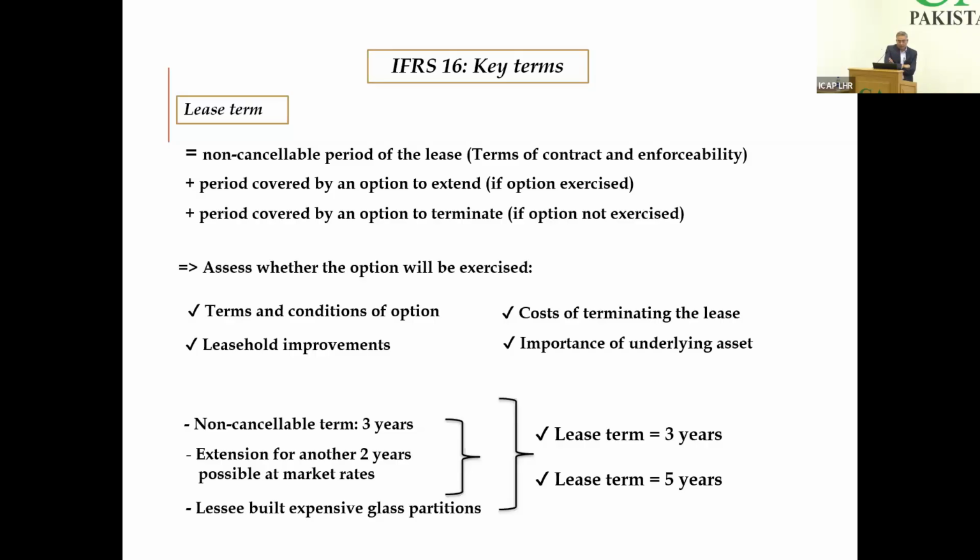And then some comment is, please use the terms lessee and lessor. First of all, we have to identify whether this contract is a lease or not. And then if this is a lease, then we can use the words lessor and lessee. Otherwise, we will be using the words customer and supplier, because then that contract will normally be covered under IFRS 15.